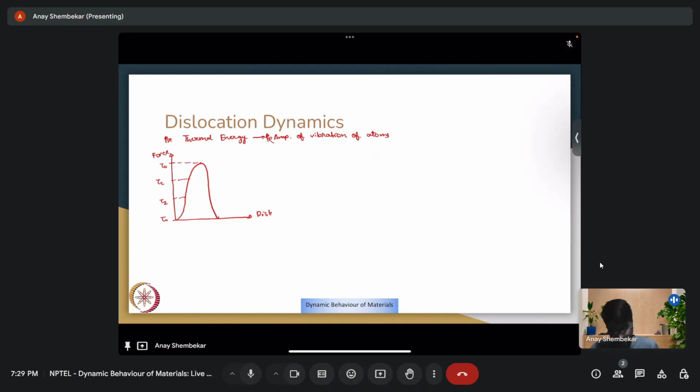This is the peak force, or the barrier required to be overcome when we want dislocation motion, and this is the free energy contribution corresponding to the surrounding temperature.